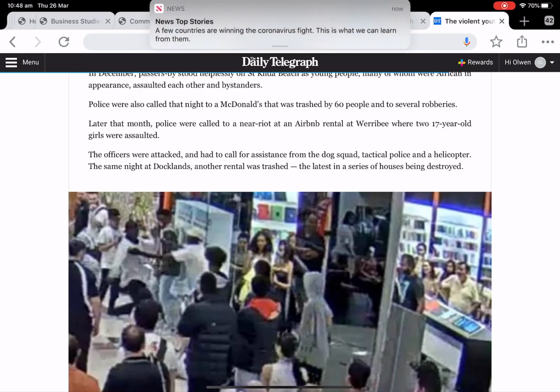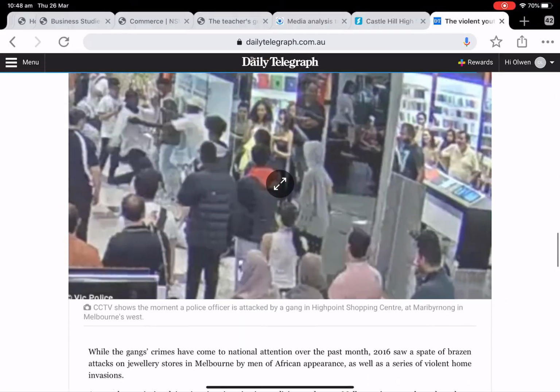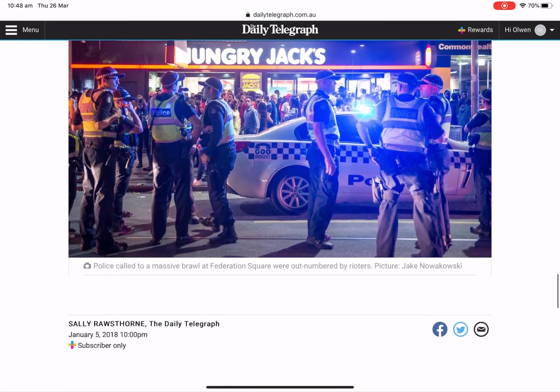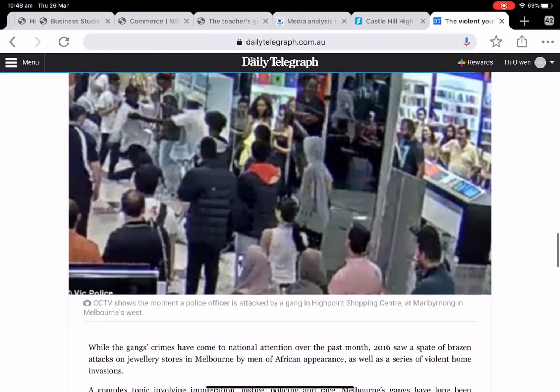All of the images there are showing Africans in groups, again making that association between African youth and gangs, because they're in groups, and then they're represented as being violent, as well as the only other images you see are police. So visually making those connections between African youth being in groups and potentially being associated with crime because there are images of police.